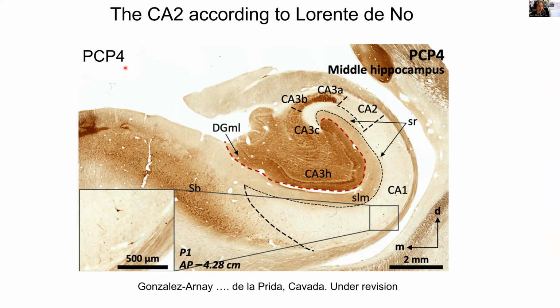And when we started playing with some of this material, we noted that PCP4 is not working well in human. As you can see clearly here, in human, PCP4 is staining the mossy fibers clearly, but just after, and this will be the definition by Laurent Desnos, the region just after CA2, corresponding to CA2, is not expressing PCP4.